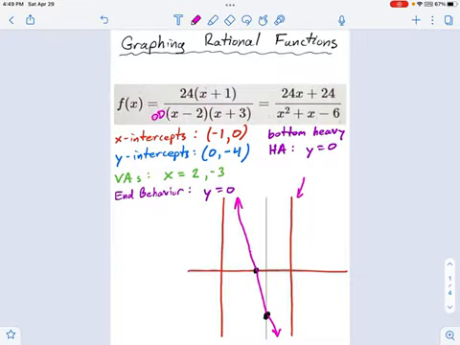So when you have an odd vertical asymptote, what that looks like is it comes in from the other side. Notice how I've got this one going down right here. When you have an odd asymptote, that means you come in from the other side. You have to be going up on the other side of the asymptote. Okay, so I'm going to draw these asymptotes that way and for that reason. I've got this guy coming from the top, and of course I'm going to approach the horizontal asymptote and look like that. Okay, so there's my function in the right interval.